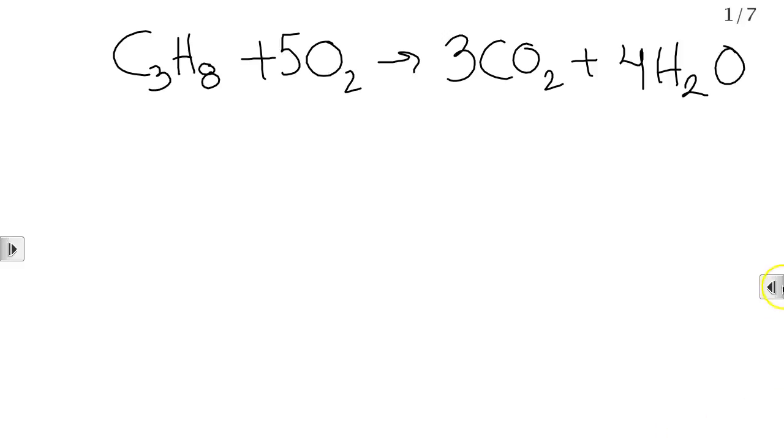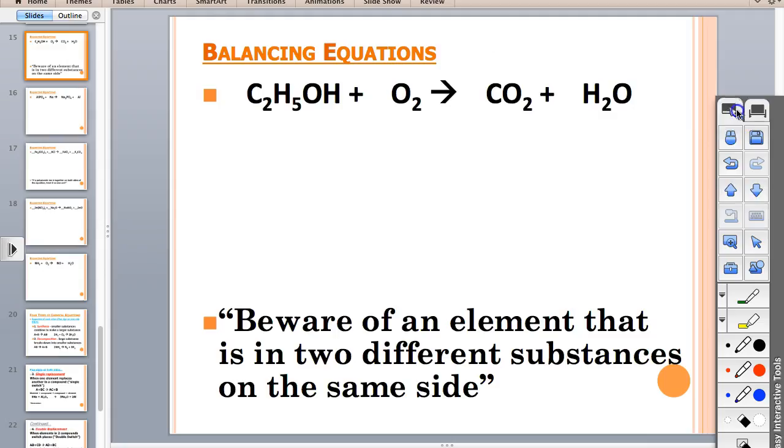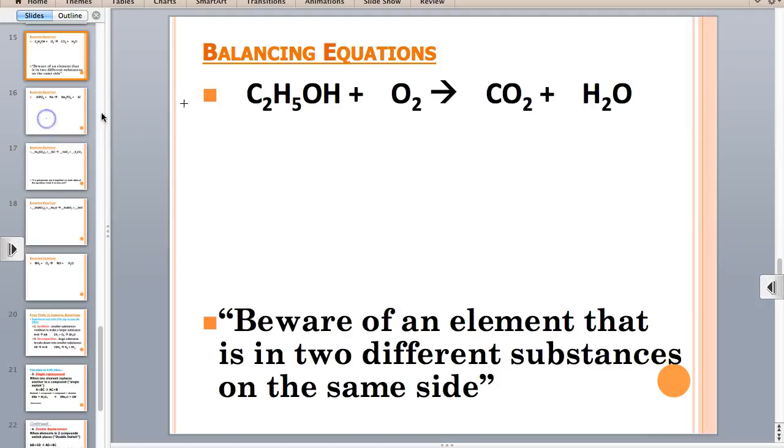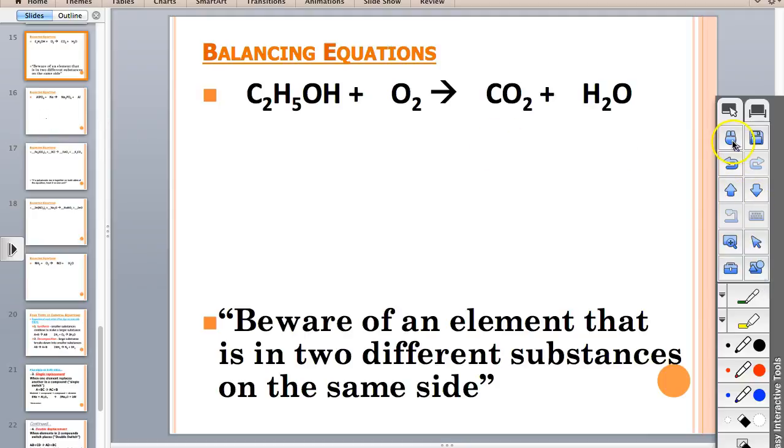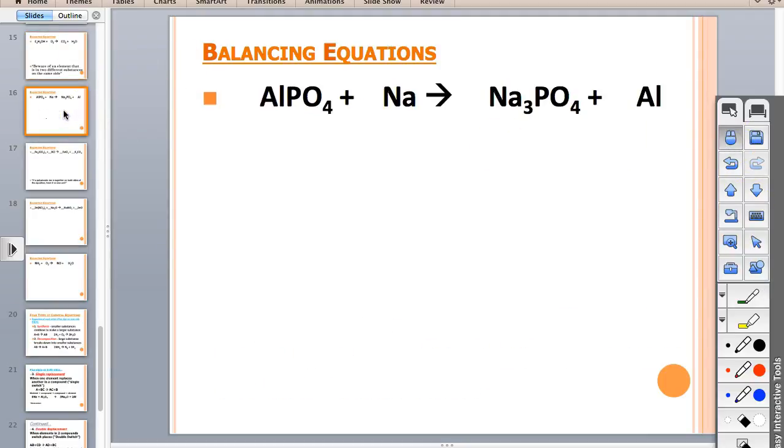Okay? So we're going to go on to the aluminum phosphate one that's in the PowerPoint. Skip that one. Let's go to this one. If you're feeling really comfortable, there is some practice attached that you can be working on.